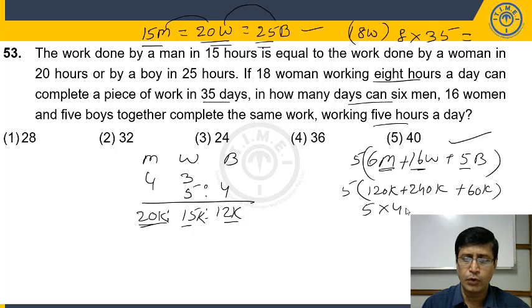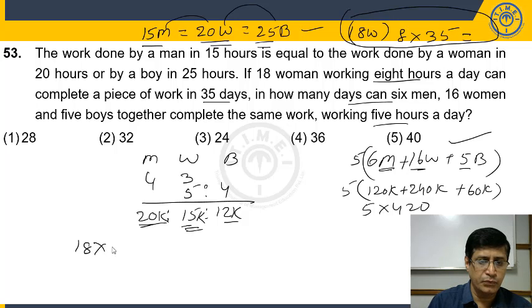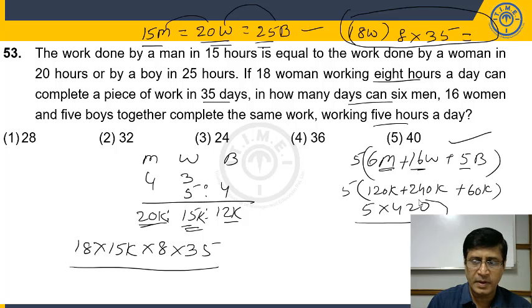Then 5 into 420. Whereas the total work means here 18 women. What is the woman's capacity here? 15K into 8 into 35, divided by the group capacity, 5 into 420K.